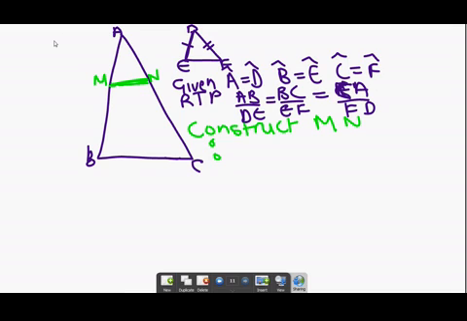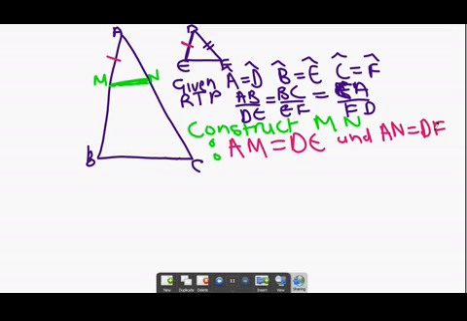When I'm constructing MN, I must make sure that AM is equal to DE. So this one and this one must be the same. Can you see? And AN is equal to DF.